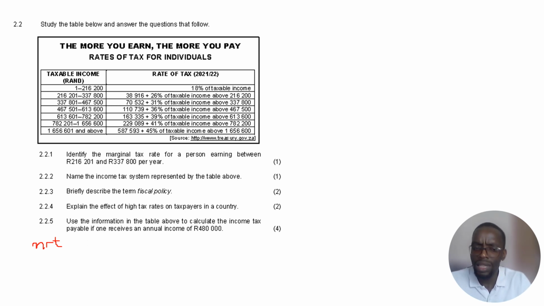Whenever there's the word marginal, for example marginal revenue, it's the additional revenue earned from selling an extra unit. Marginal cost is the additional cost incurred for producing an extra unit.